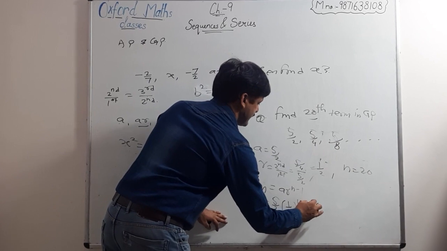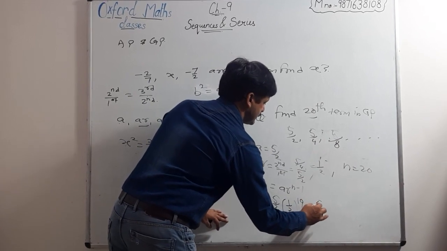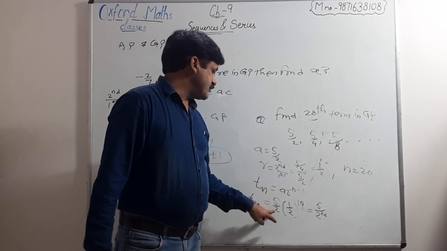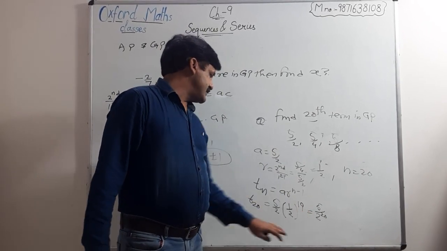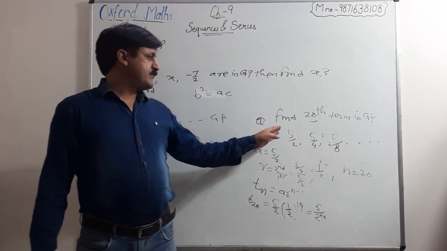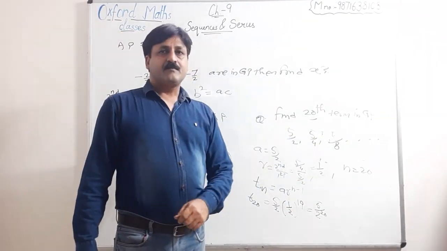Or we say 5 upon 2 to the power 19 into 2, that is 5 upon 2 to the power 20. This is the 20th term of the GP 5 by 2, 5 by 4 and 5 by 8.